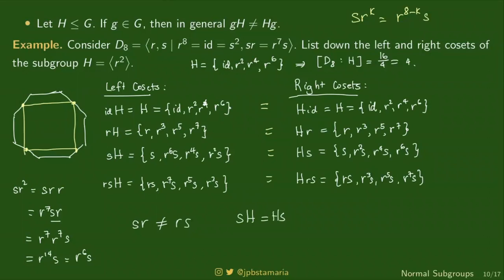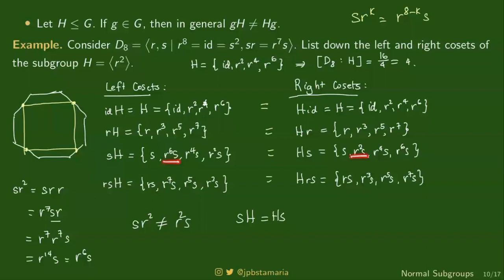Kasi the truth is, yung S, pag minultiply ko siya sa R squared, for example, tingnan natin yung S squared, tsaka yung SR squared, tsaka yung R squared S. Yung S, upon multiplying it to R squared, naging R to the 6S. Yung S, pag minultiply ko sa kanan ng R squared S. So technically, hindi ito parehas.